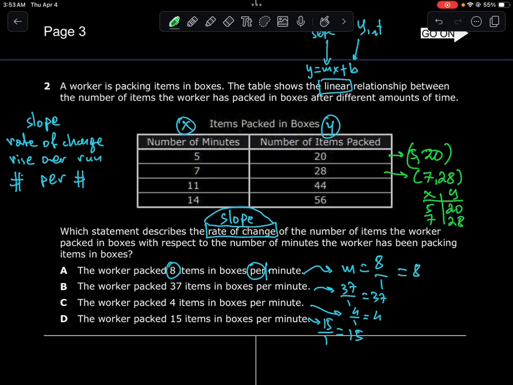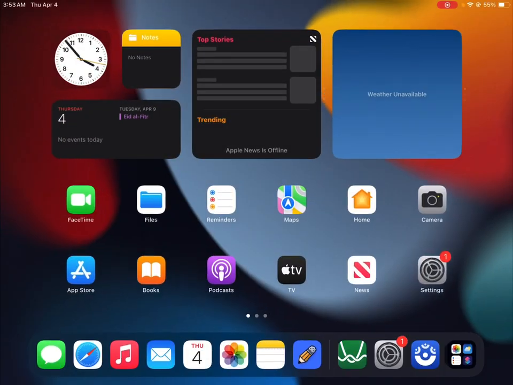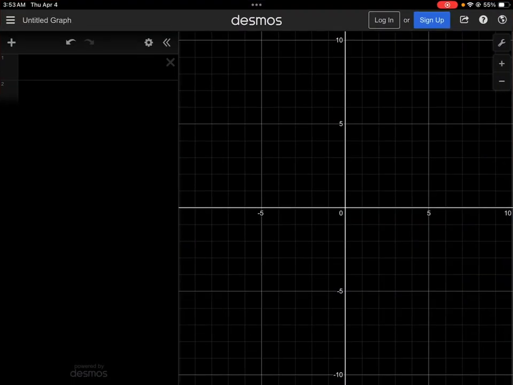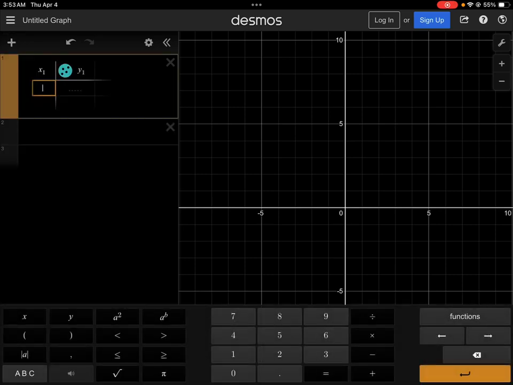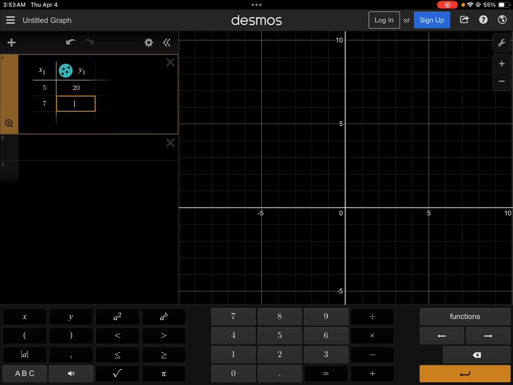Okay, so let's see how I'm going to solve this problem using the graphing calculator. First thing, I'm going to create a table. I'm going to hit the plus sign and then the table, and then I'm going to insert those numbers. 5 goes with X, 20 goes with Y, 7 is for X, and 28 for Y. Now notice that the coordinates here are X1 and Y1.